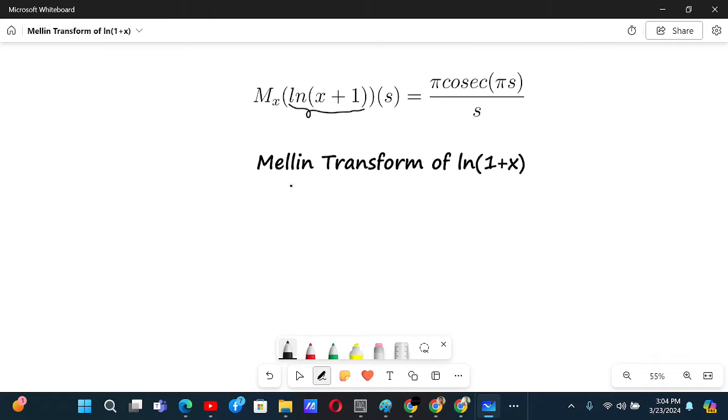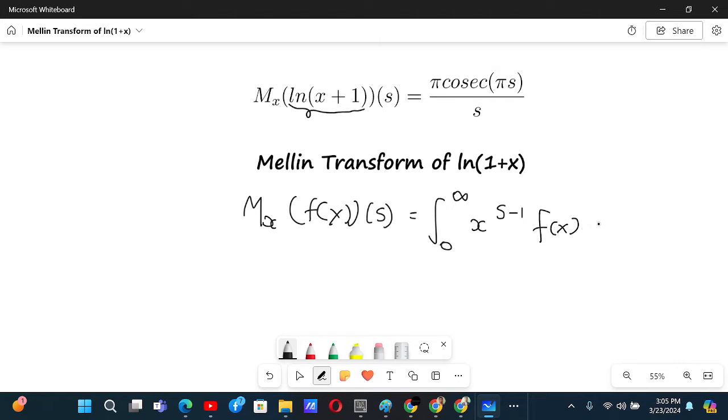For our case, we can define the Mellin transform of a function, transforming to the world of s, as the integral from 0 to infinity of x to the power s minus 1 times f of x dx.